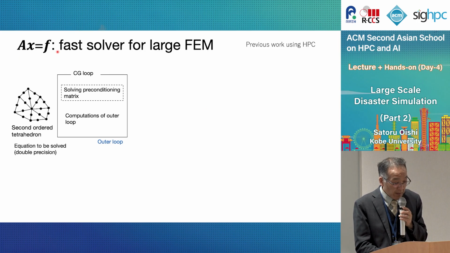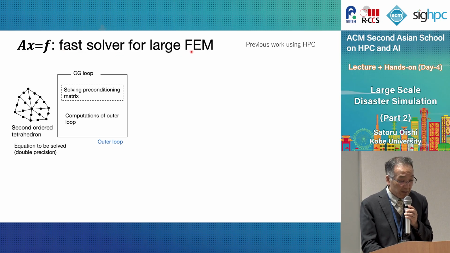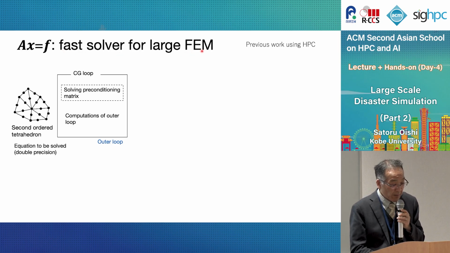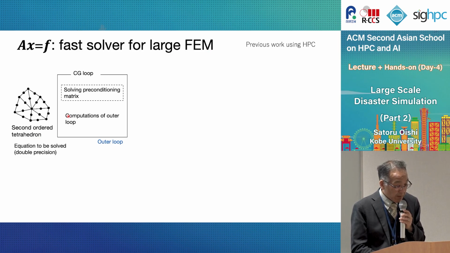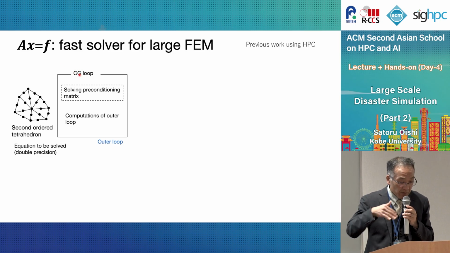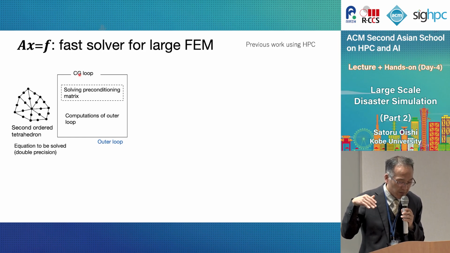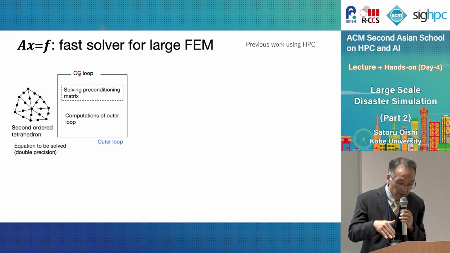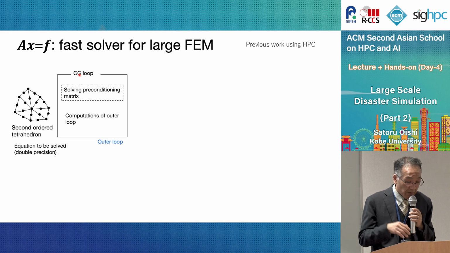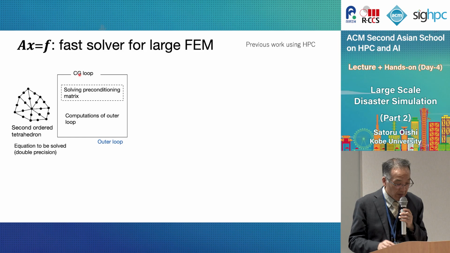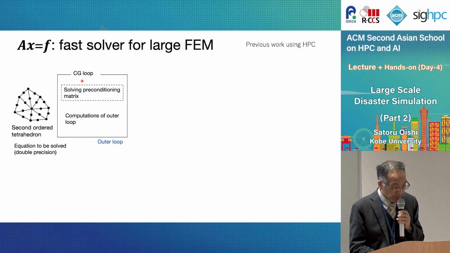During that, they built the first solver for the large finite element method. Basically, they use a conjugate gradient, so they calculate the steepest slope for terminating the errors.